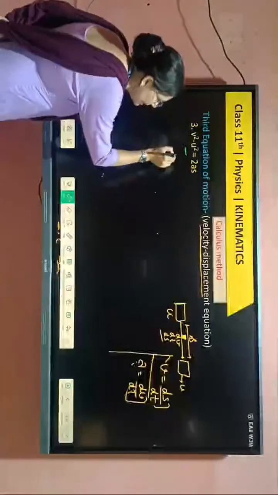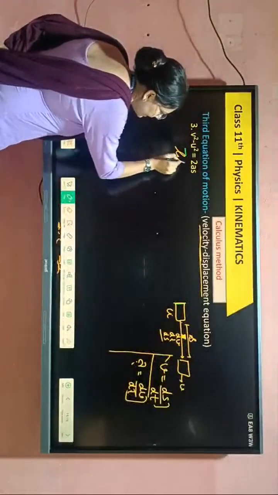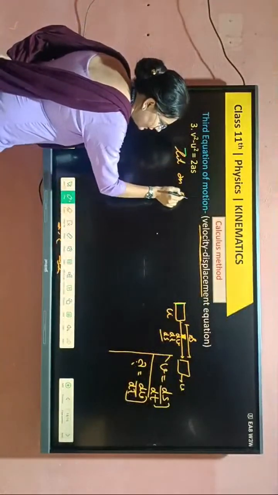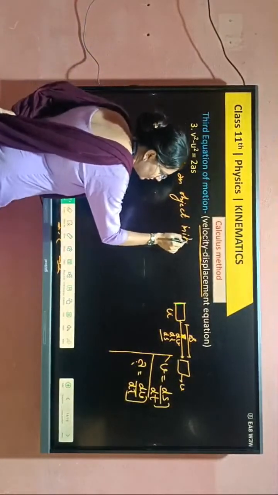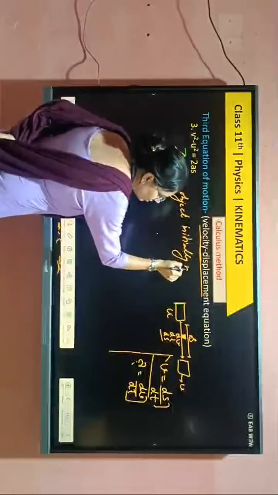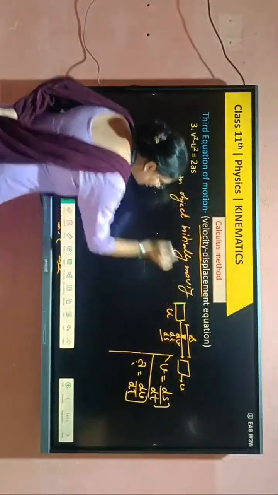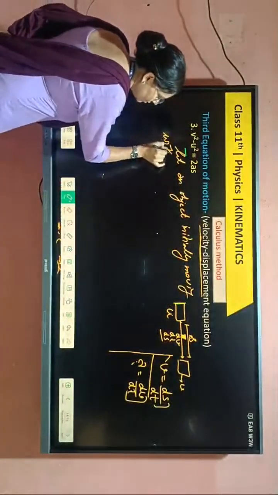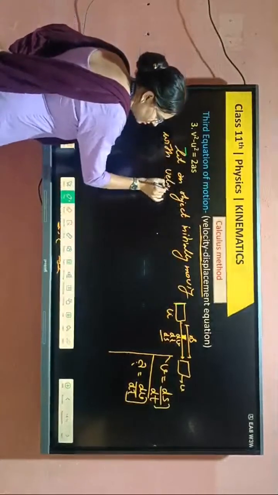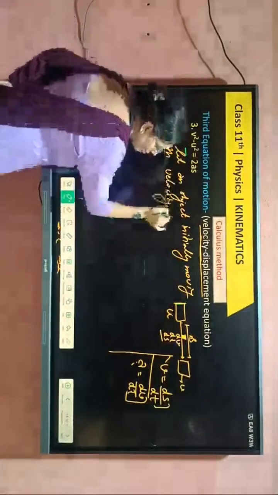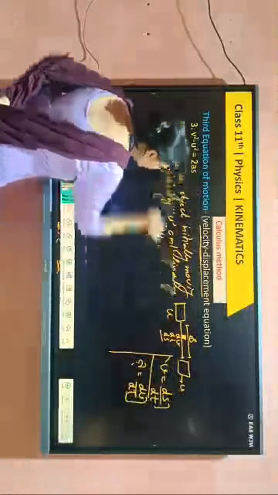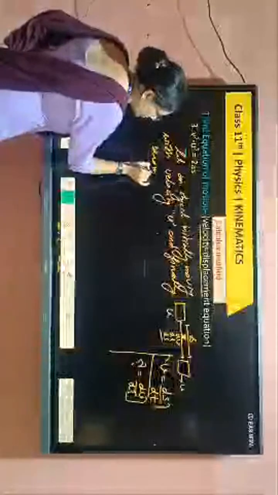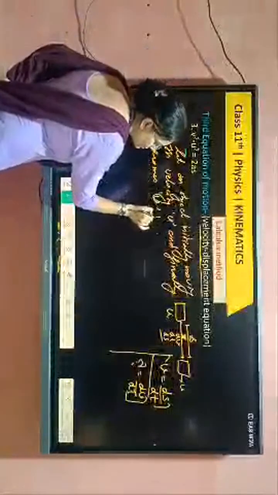Let an object be initially moving with velocity u, and finally its velocity becomes v.